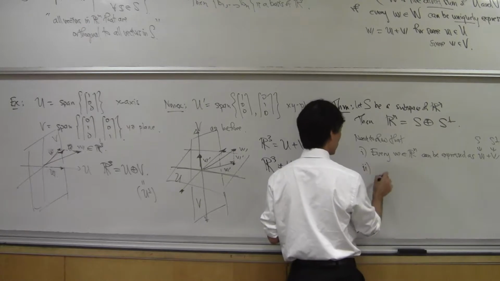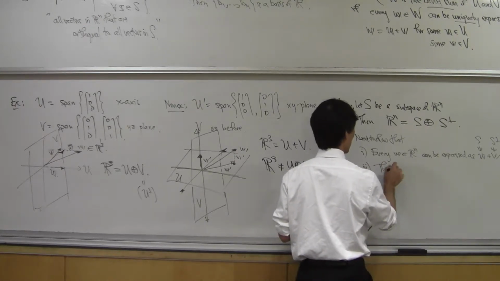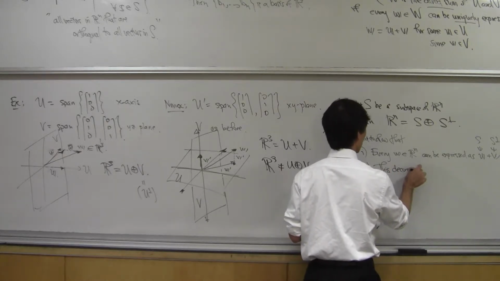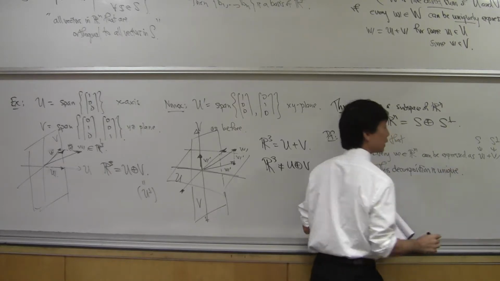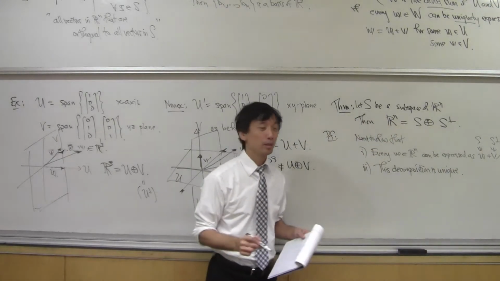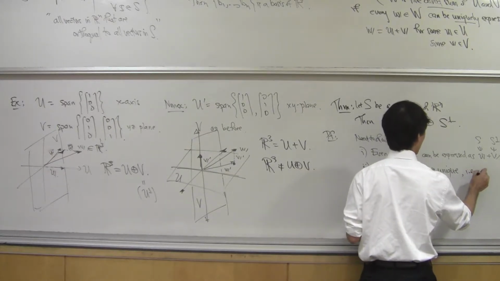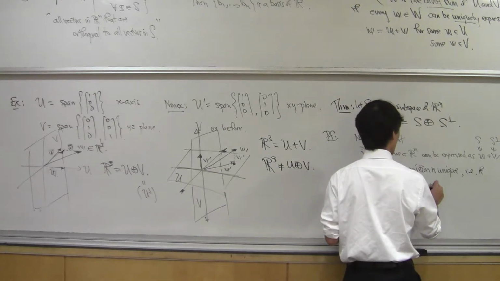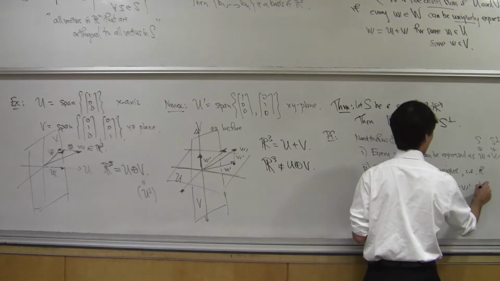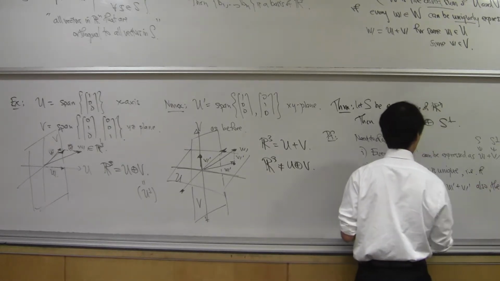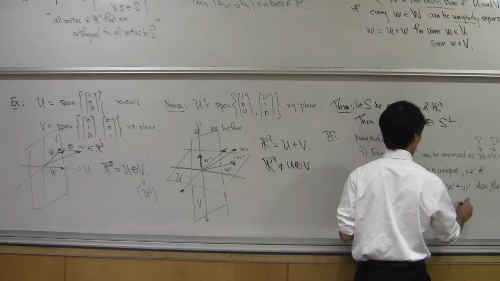And two, that this decomposition is unique, i.e., if W equals U prime plus V prime also, then U equals U prime and V equals V prime.